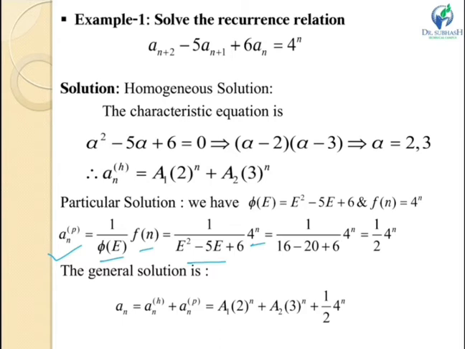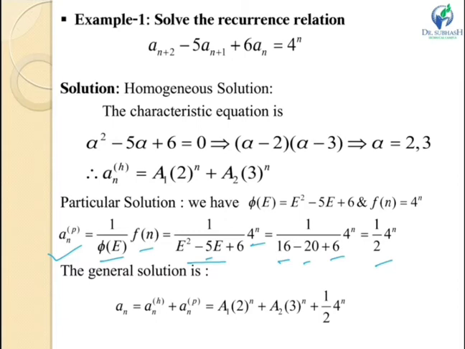Now what I have done is I have replaced E by 4, because it is 4 raised to n, so I have to replace E by 4. So I get 4 square, which is 16, 5 into 4 which is 20, and the rest term is 6. On simplifying this, I get 1 upon 2 into 4 raised to n as my particular solution.